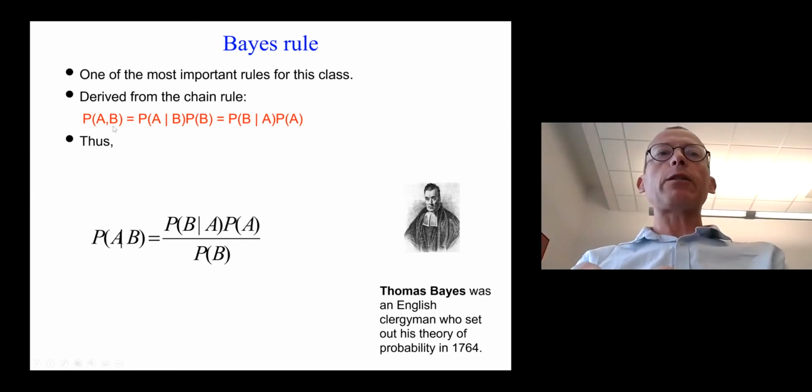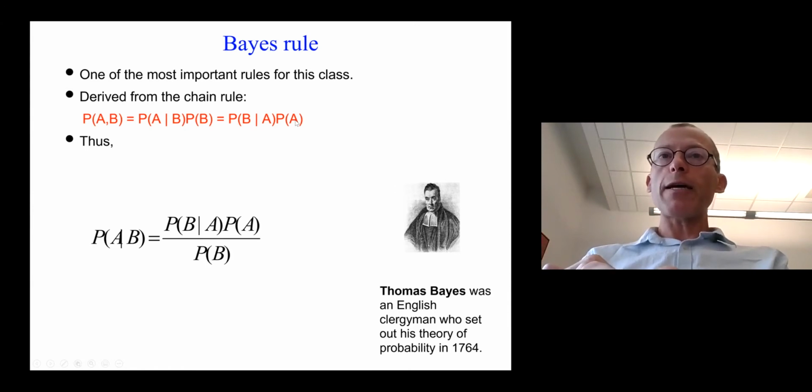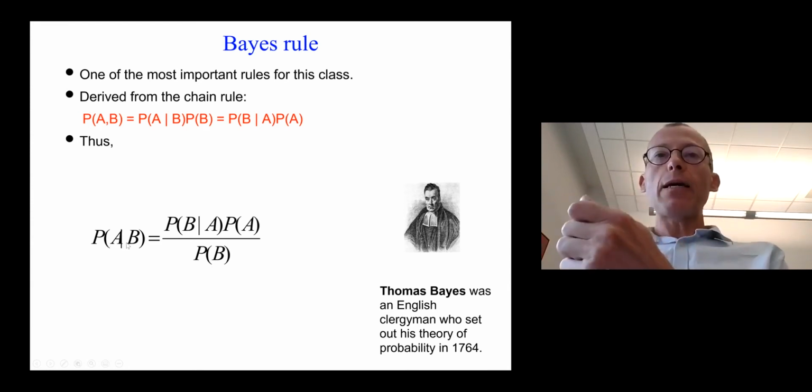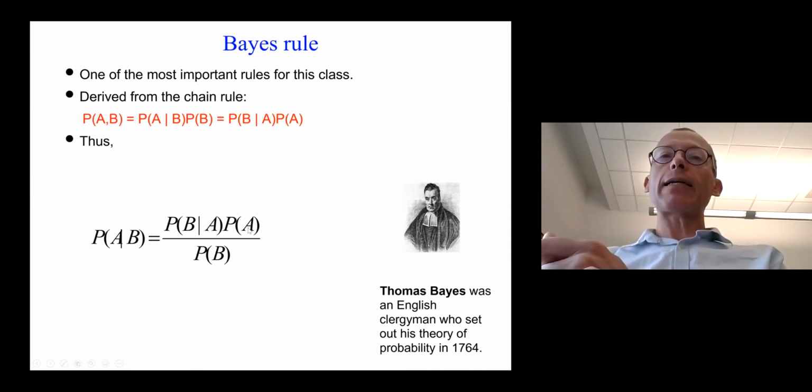We know that the probability of A and B is the probability of A given B times the probability of B. As I said, this is symmetric, so it's also the probability of B given A times the probability of A. Then we can say that the probability of A given B is the probability of B given A times the probability of A, divided by the probability of B.